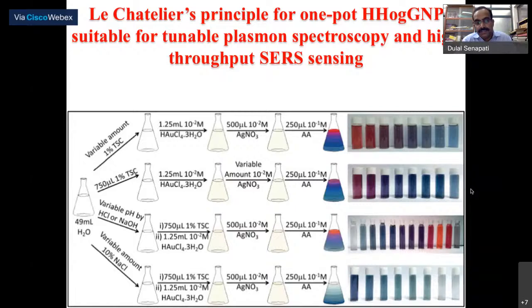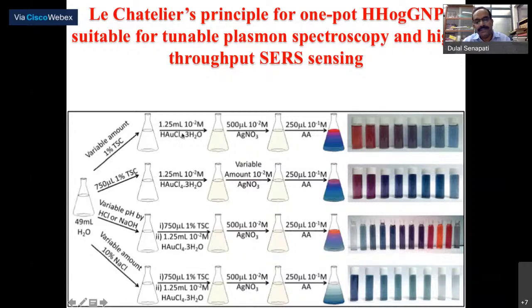Or we can add different amounts of sodium chloride, varying the sodium chloride concentration, or we can vary the pH. So first, we varied the concentration of TSC.